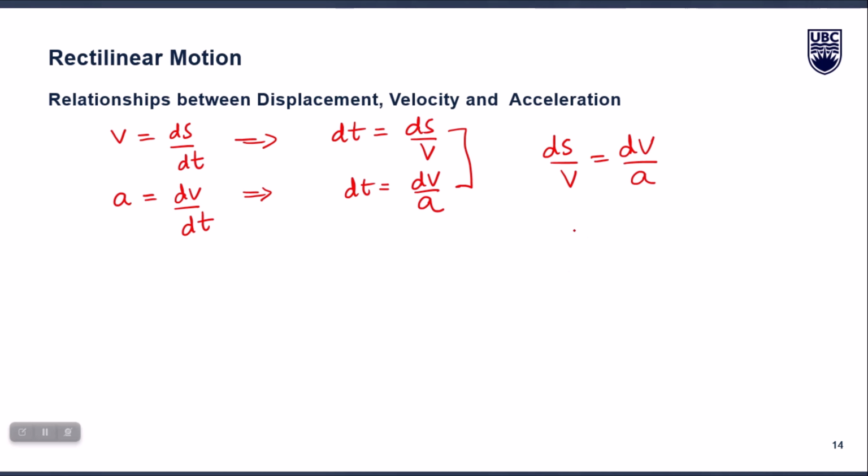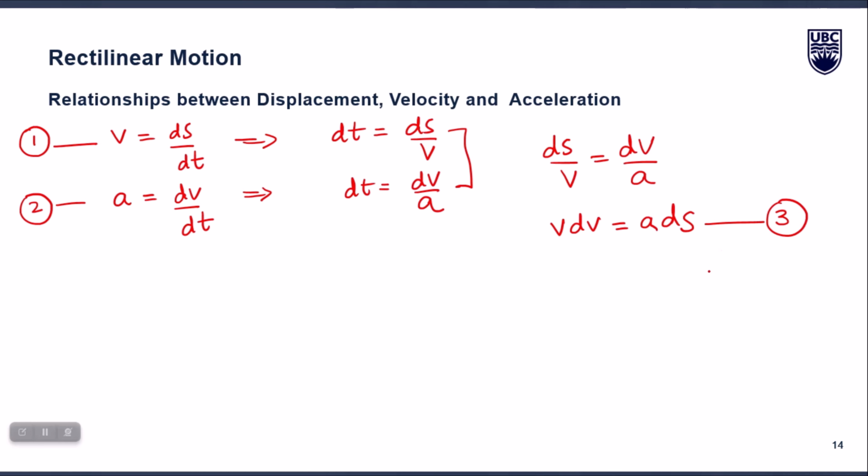Or actually v dv is equal to a ds, right? So let's call that equation 1, this one equation 2, and what we did is simply solve 1 and 2 together and come up with another form of a relationship. Let's call it equation 3, right?